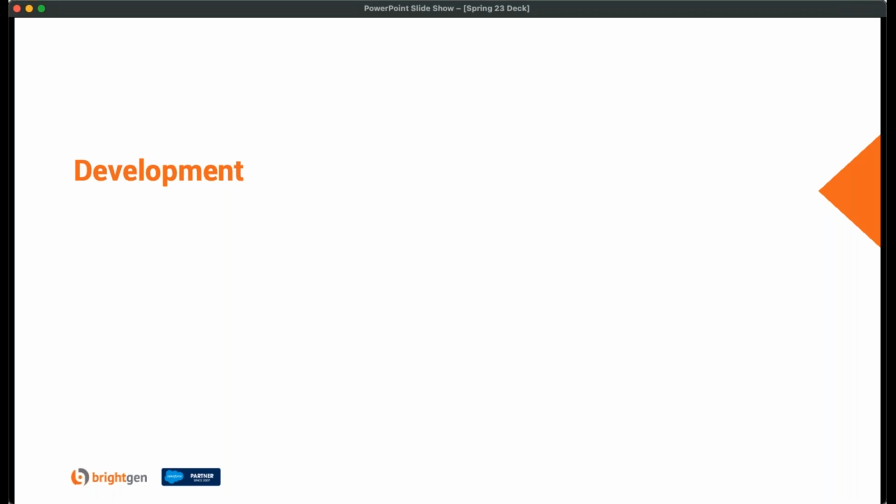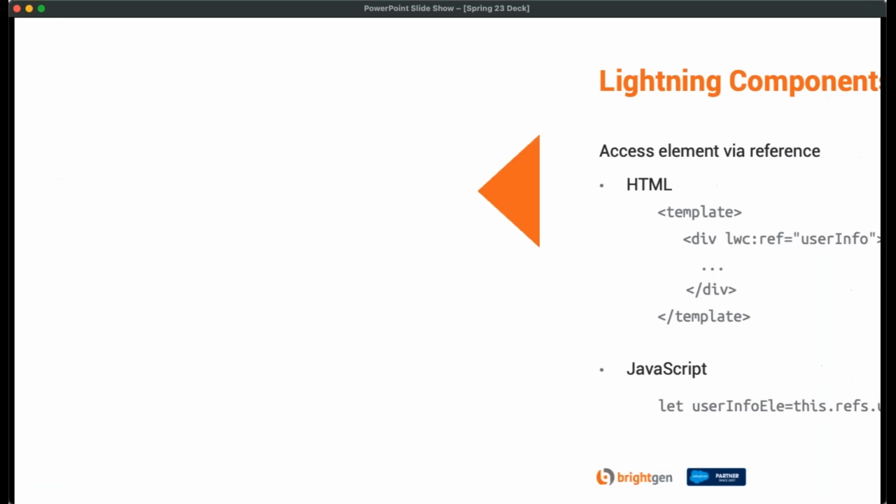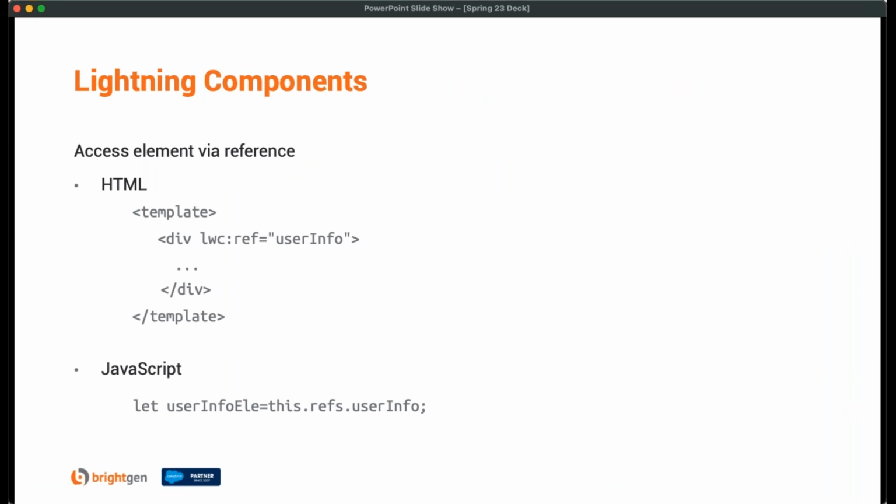Okay, moving on to always my favorite topic, development. This is a really nice feature on Lightning components. So basically they're becoming easier to find within the DOM in this release with the lwc:ref attribute. So this effectively allows you to supply something like an ID, but one that doesn't get changed by the platform like the ID attribute does.